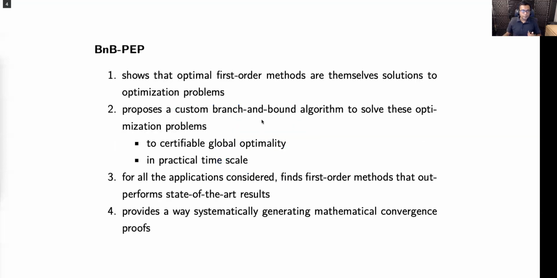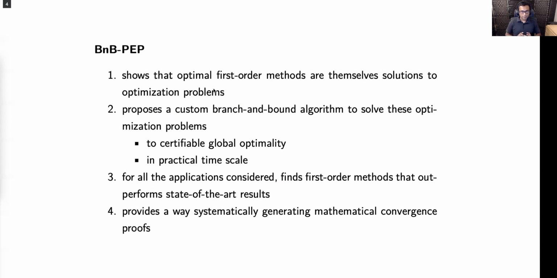So what does BnB-PEP do? First, it shows that the optimal first-order method for a given setup is itself a solution to a certain kind of optimization problem. Not only can we formulate the process of finding the fastest method itself as an optimization problem, we can also solve those optimization problems. To solve them, BnB-PEP proposes a custom branch and bound based algorithm.